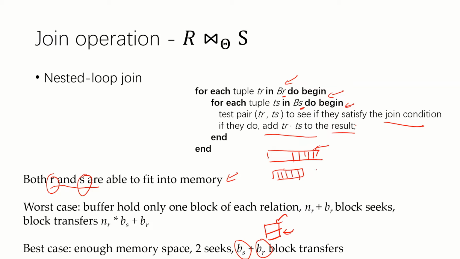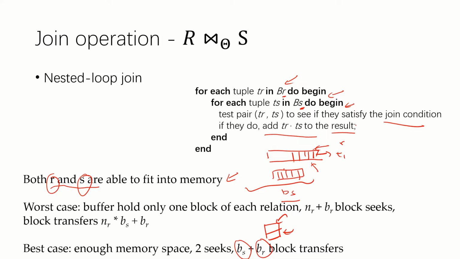And so because of that, for tuple 1, I need to go through all the blocks of S. So this is R, this is S. And for tuple 2, same thing, I need to go through all the blocks of S.